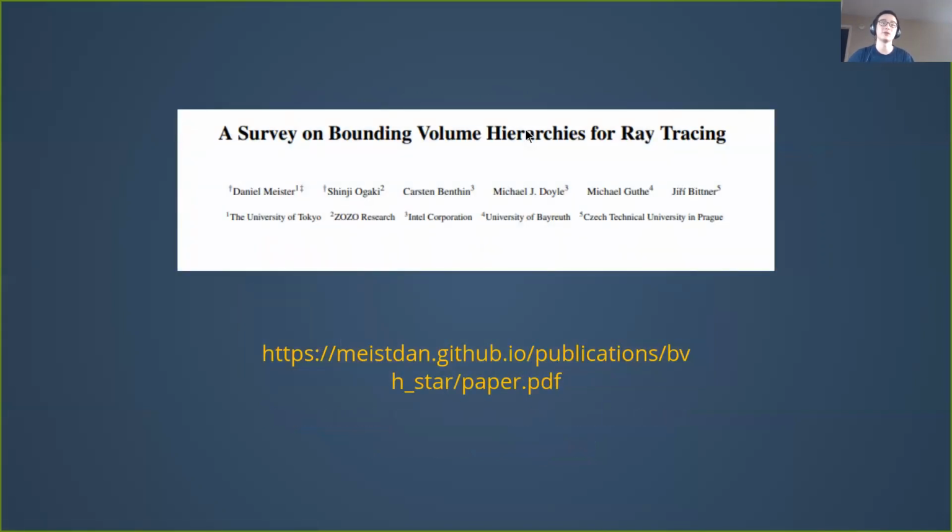As I said before, the topic today is this paper, a survey on bounding volume hierarchies for ray tracing. It is a survey, so high-level overviews on different algorithms and techniques that we can use to implement bounding volume hierarchies. It does not go into depth on too many things.